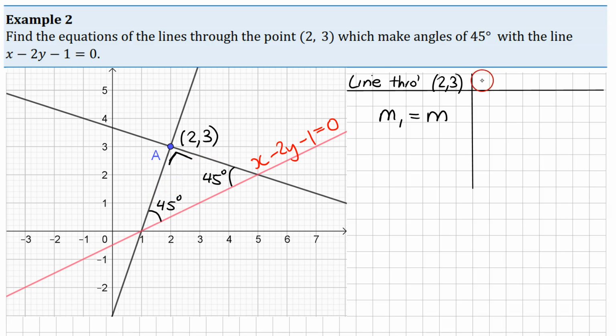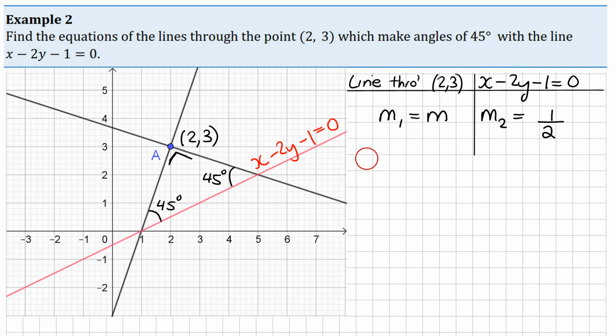Now the next one then is x minus 2y minus 1 equals 0. So we're going to get the slope of this using our minus a over b. So our M2 here is equal to 1 over minus 2, and a sign change will give me 1 over 2 for that.